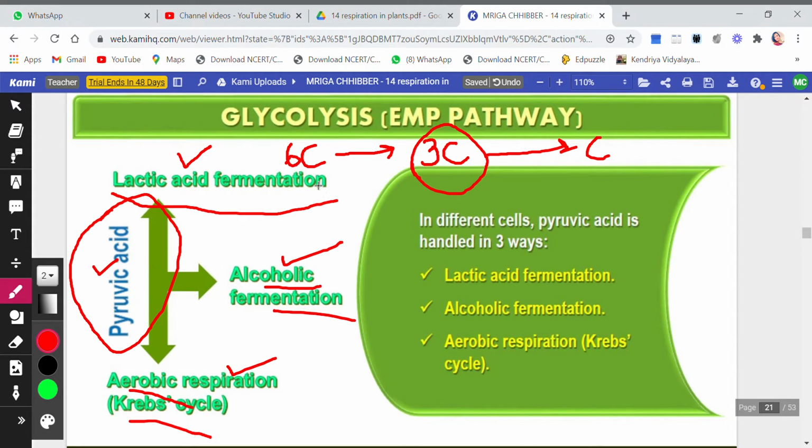So the first step is the same in all kinds of respiration. Whether you are doing lactic acid fermentation, alcoholic fermentation, or aerobic respiration, this first step is the same. Now let's see one by one.